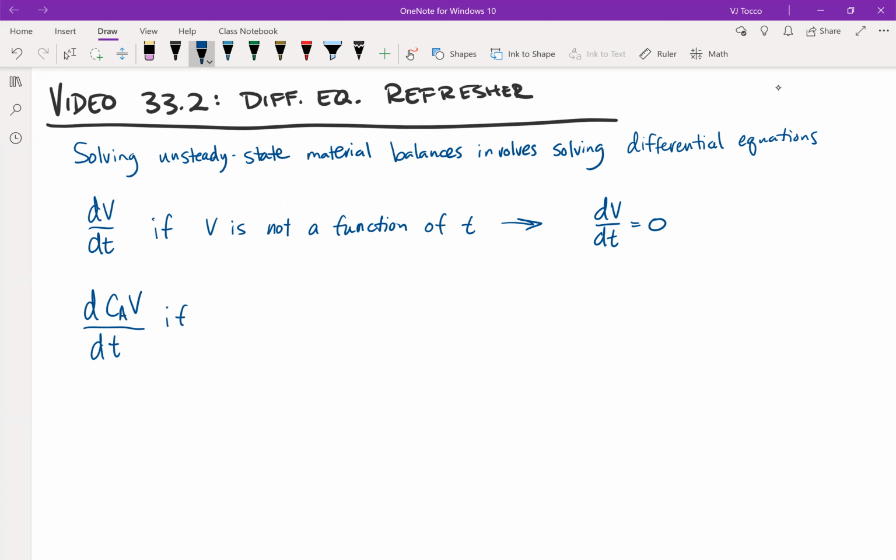And we'll say again that if V is not a function of t, so let's say we have constant volume, but maybe not constant concentration, then the value of d(CA V)/dt is going to be, the V can get factored out. That is improper calculus speak, but this is how I like to think about it. I can take this V out of this derivative.